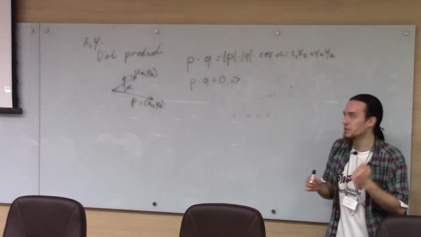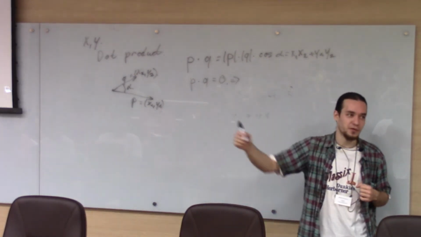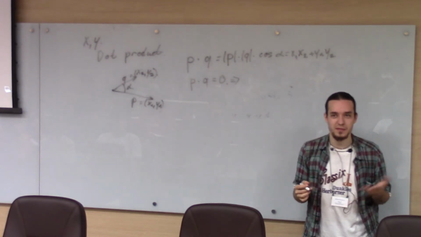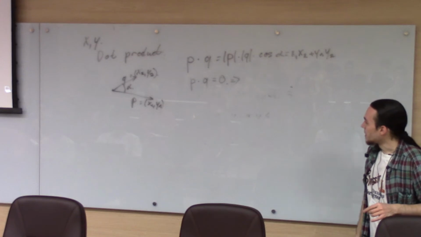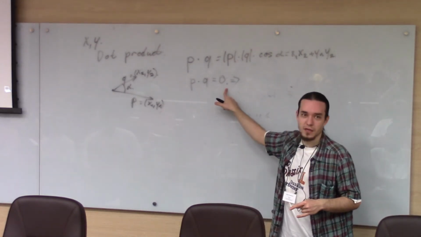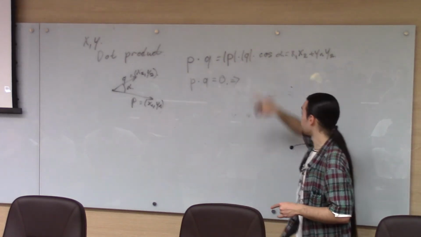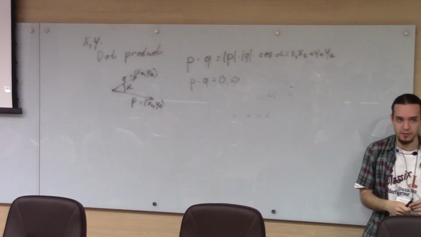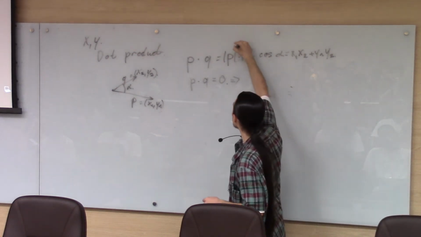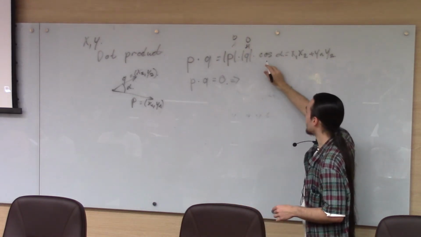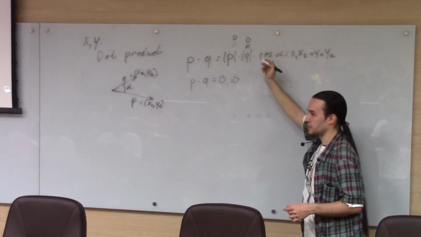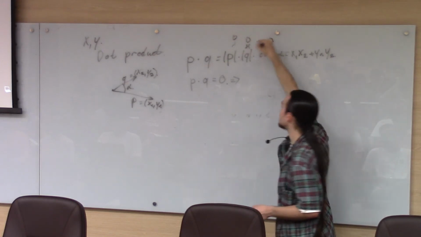Let's also assume that P and Q are not zero vectors, so at least one coordinate is not 0 in each vector. If this is 0, then the product of lengths and cosine is also 0. We know that the length of P is not 0 and the length of Q is not 0, so the cosine must be 0.